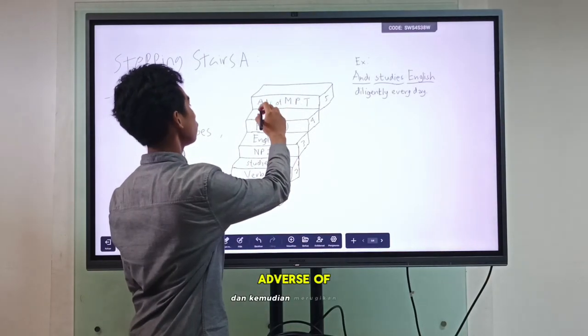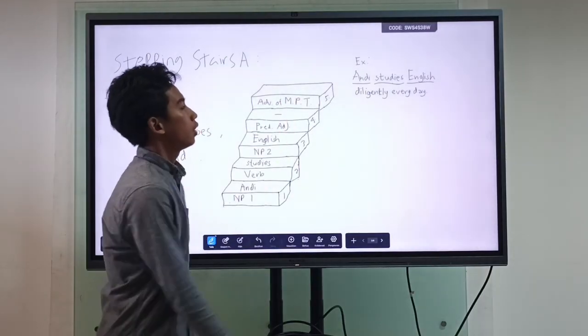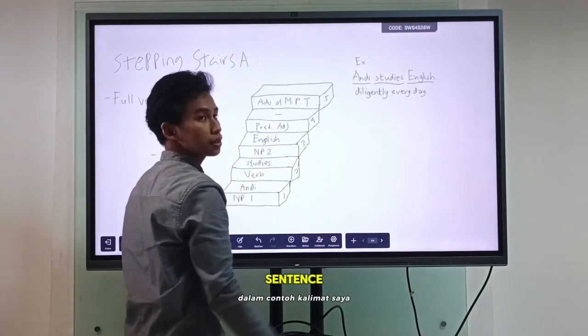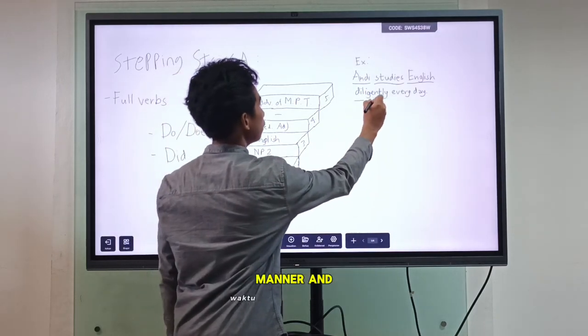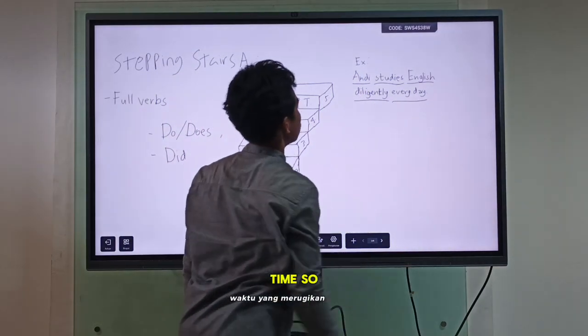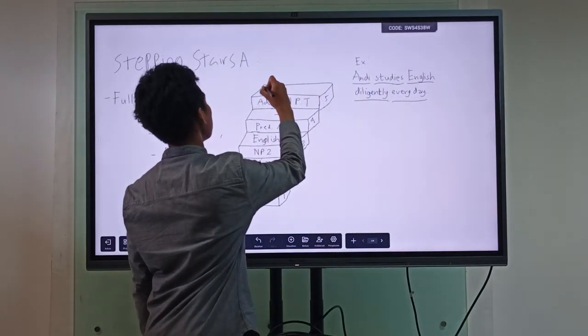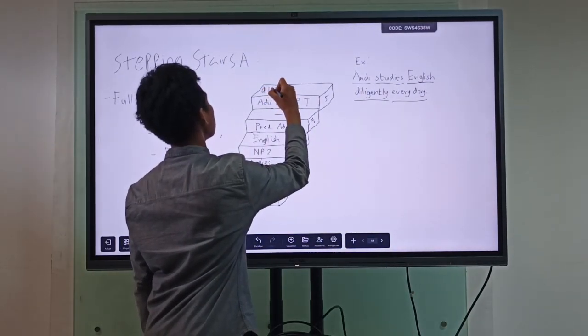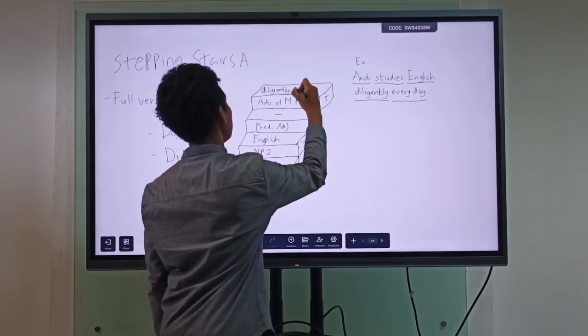And then adverbs of manner, place, and time, or adverbs of MPT. In my example sentence, I use adverbs of manner and time. So diligently, every day.